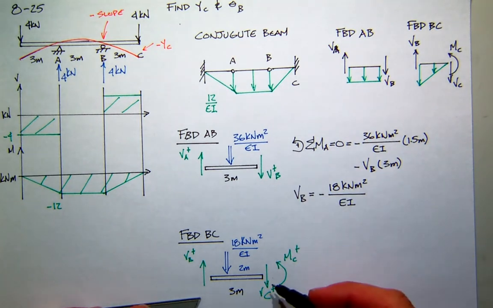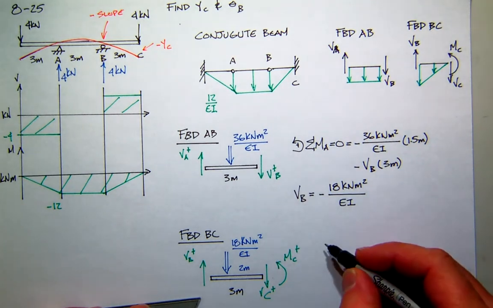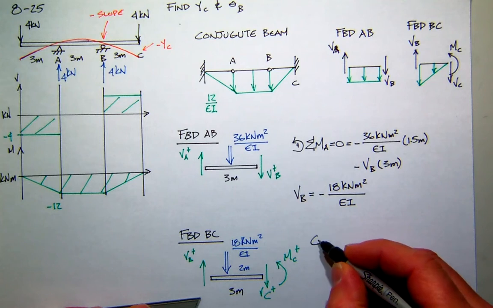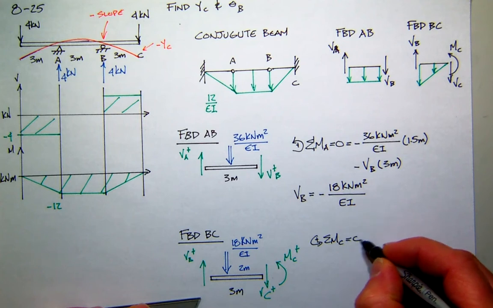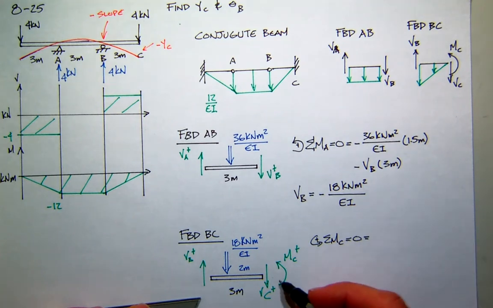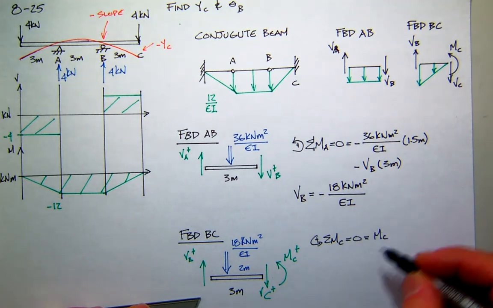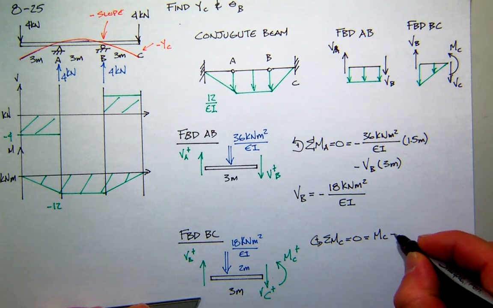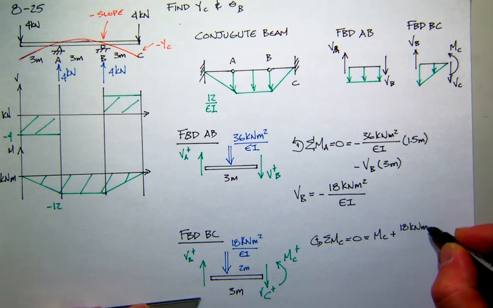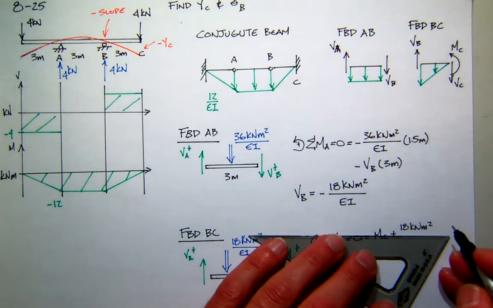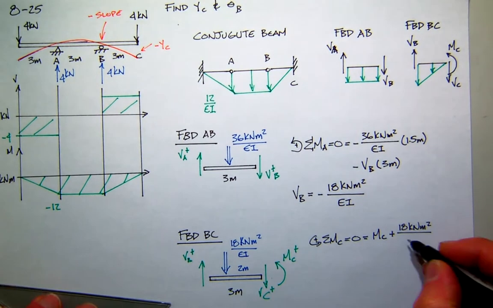Because when I'm done with this right now, all I have to do is... oops, I did it wrong. I'll do it this way. I'll sum the moments at C. So I have the moment at C, which is positive. This 18 kilonewton meter squared force is also positive, so 18 kilonewton meters squared, and that will be divided by EI in the problem.